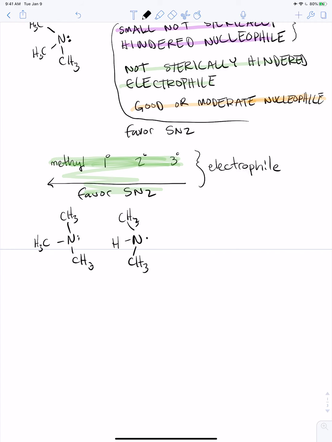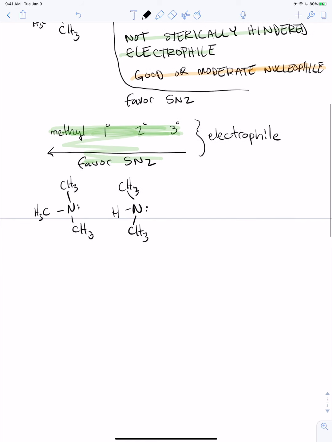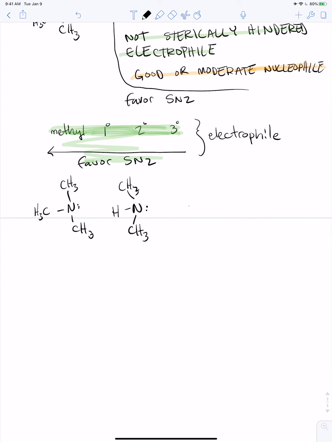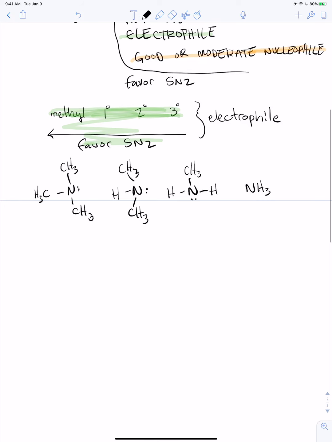All of these could reasonably do SN2, but it becomes less and less favorable as you go, at least in this case, from left to right. And I'm just choosing amines because it's just an example. There's lots of different nucleophiles. But these would favor SN2 this way.